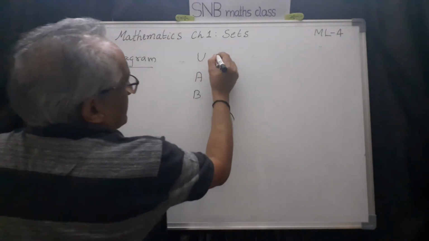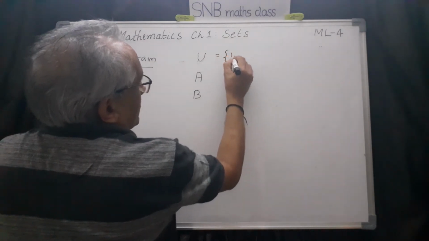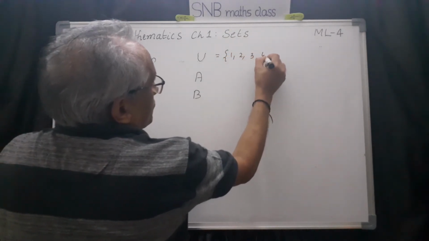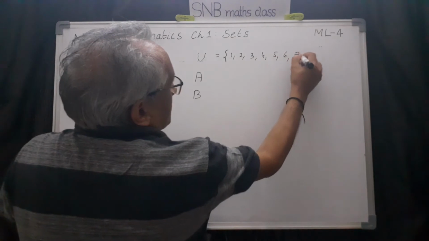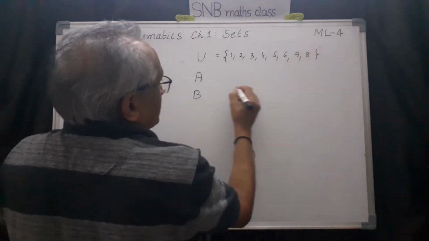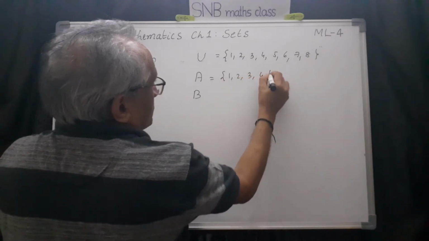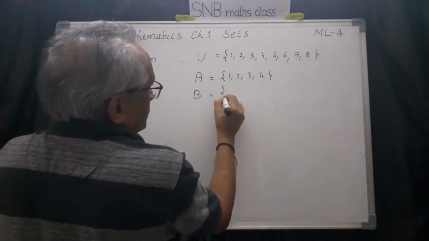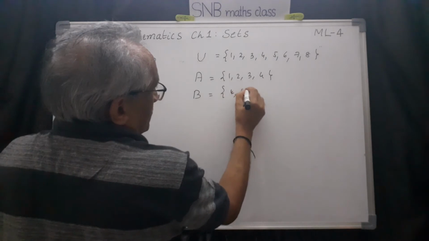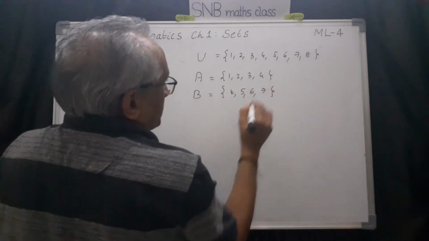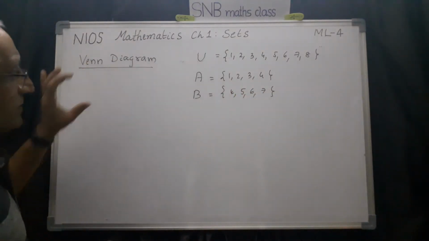Let us take for example U equal to 1, 2, 3, 4, 5, 6, 7, 8, A equal to 1, 2, 3, 4, and B equal to 4, 5, 6, 7. Then how to represent them in a Venn diagram?